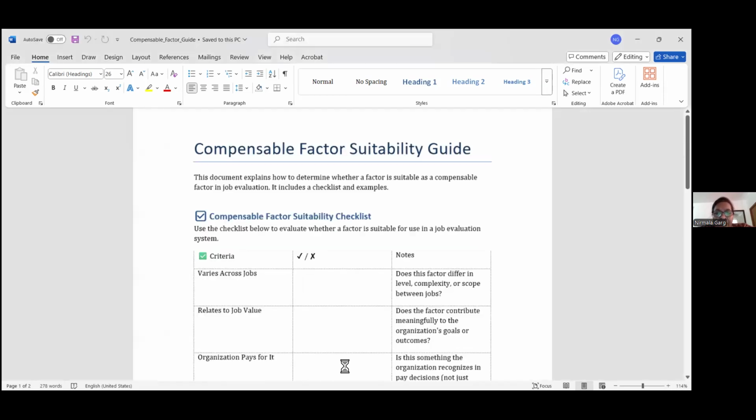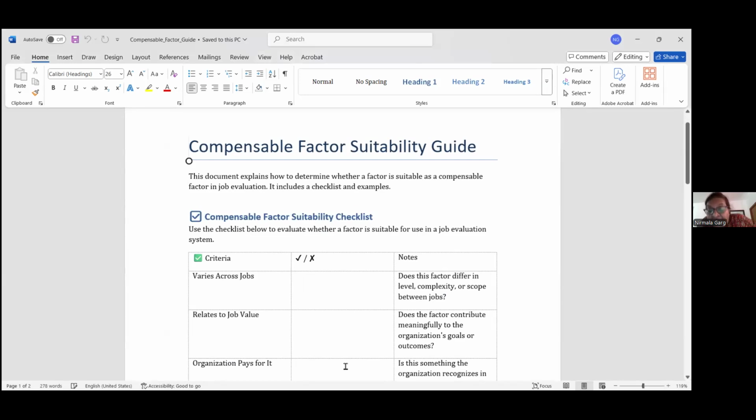Can you see this, what I have put in here? Because I know that this is very critical. Are you able to see compensable factor suitability? Yes. So what is the criteria? Does this factor differ in level, complexity, scope between jobs? Got it?